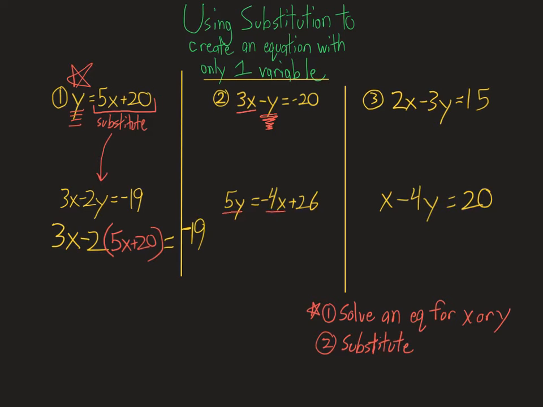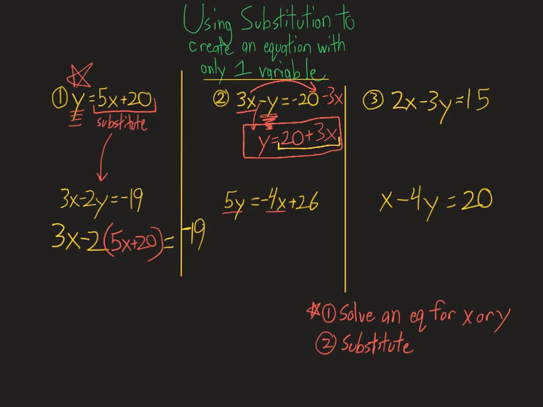So hopefully that's the easy choice, okay? Pick that y. How are we going to do that? Well, move the 3x across by making it a negative 3x. And now we're really, really close to solved for y. Just flip the signs. Since right now we're solved for negative y, we'll make that positive 20, and we'll make it positive 3x. And in that one simple step, we've got an equation solved for y, and there's what we're going to substitute.